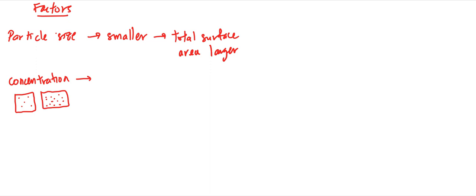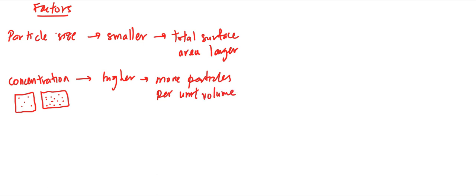There are more particles in this particular area. So when the concentration is higher, we don't just say more particles, we say more particles in the same volume. So it's more particles per unit volume.